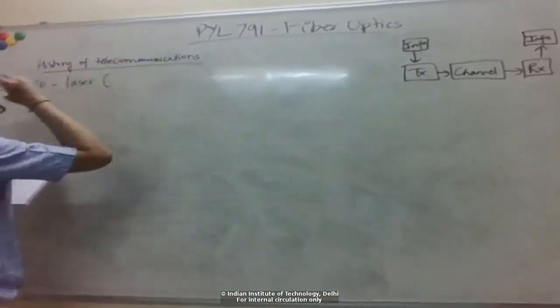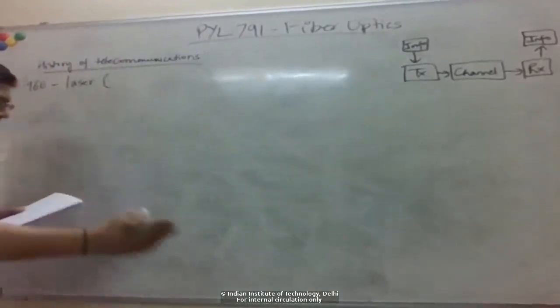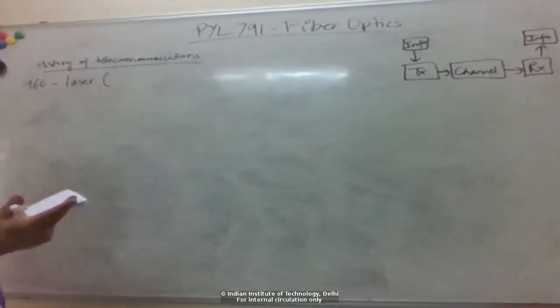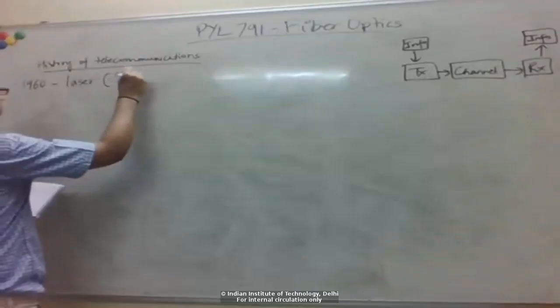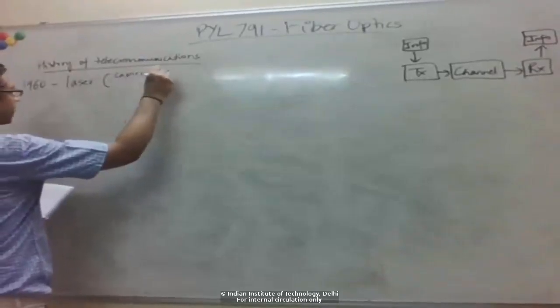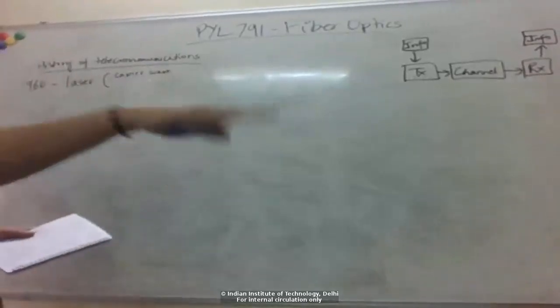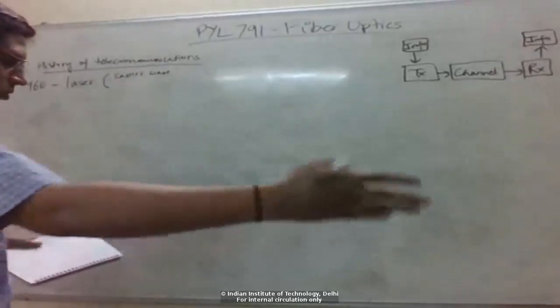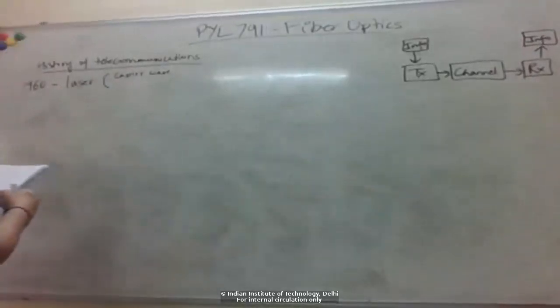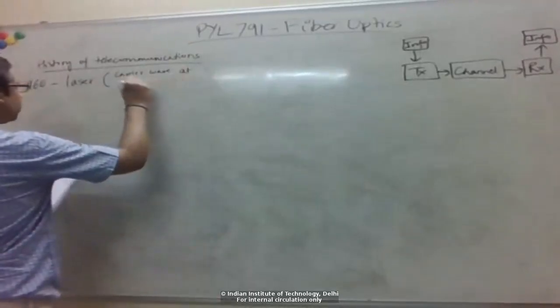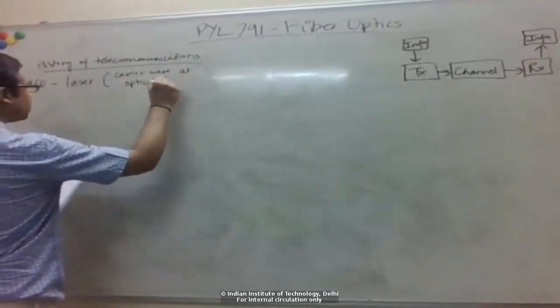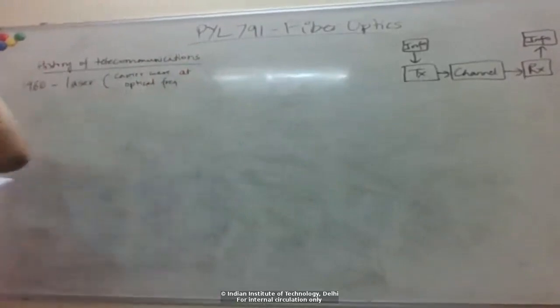Right. So what is a laser? It is basically a very pure coherent monochromatic wave. So it's like a carrier wave. What's a carrier wave? It's basically a single frequency wave, right? But now the frequency of this carrier wave is very high.